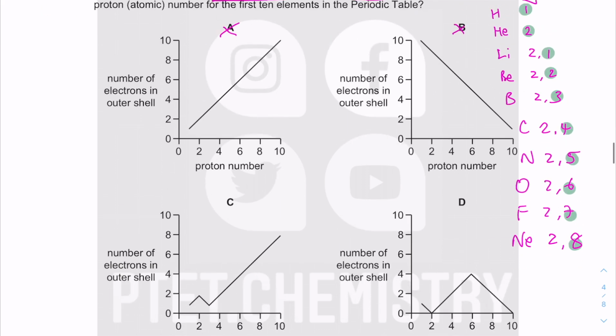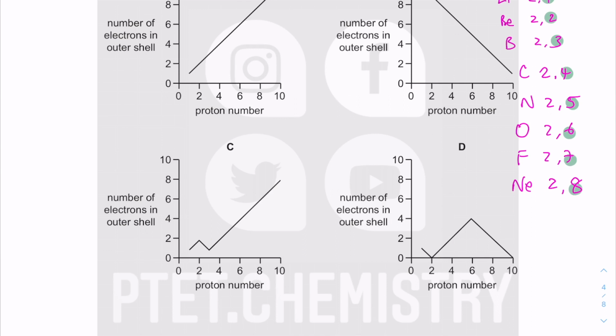In fact, you don't even need to do this if you know what I'm talking about, but I've just done this very quickly to make you see what is going on. And the only reason I was able to do this very quickly is because I know my periodic table, at least for the first 20 elements. I know them in order, the first period, the second period, and the third period, up until calcium. So we know it will go up, but it will not go to 0. 0 is impossible.